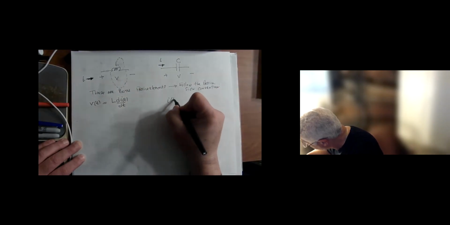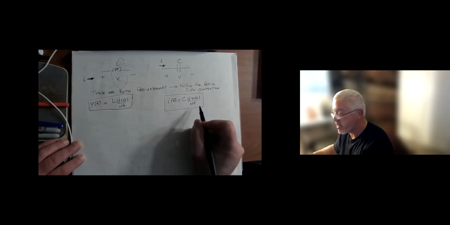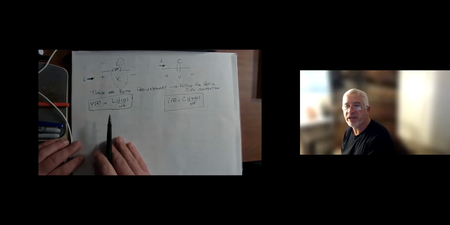For the capacitor, sorry, I forgot to put my current here. For the capacitor, it's the current as a function of time, which is equal to the capacitance times the derivative of the voltage as a function of time, dv/dt. These are super important relationships. You cannot deal with inductors or capacitors without knowing this.